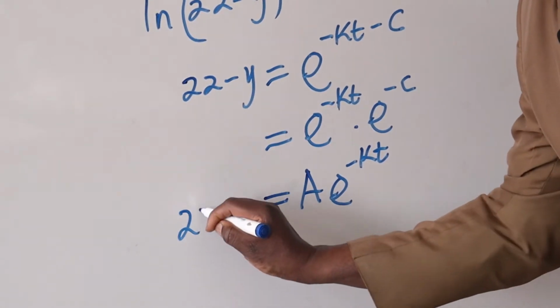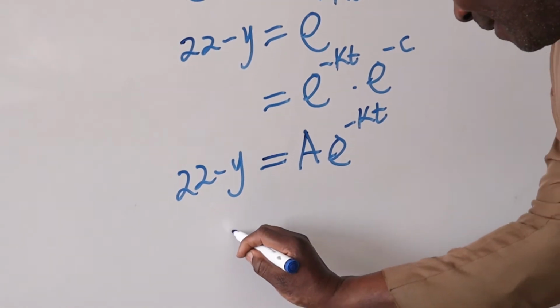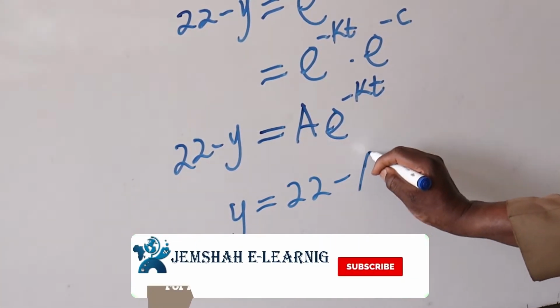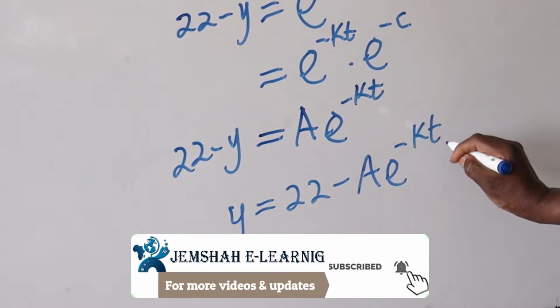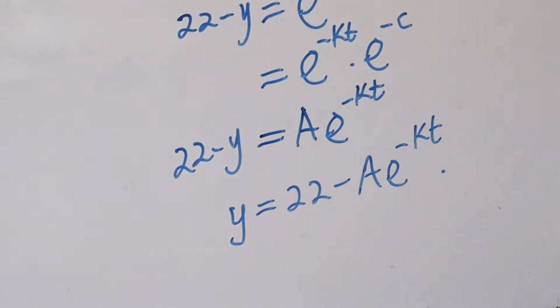Therefore, y alone will be equal to 22 minus a e power minus kt. Now we've gotten the temperature of the soda at any given time.